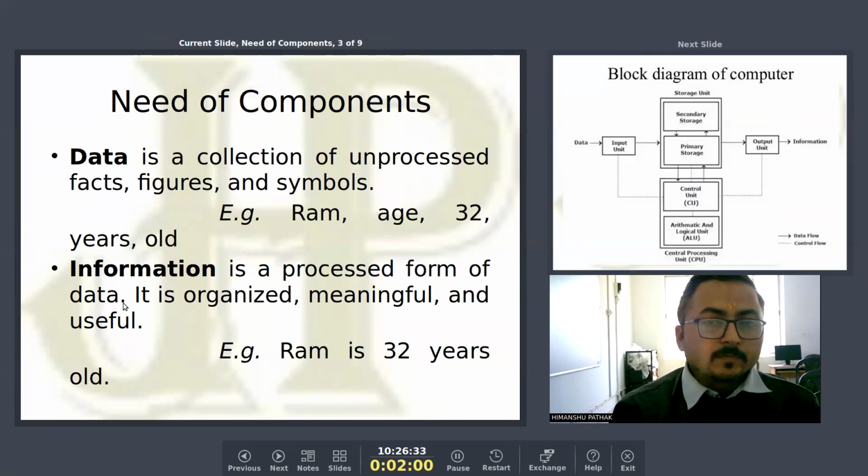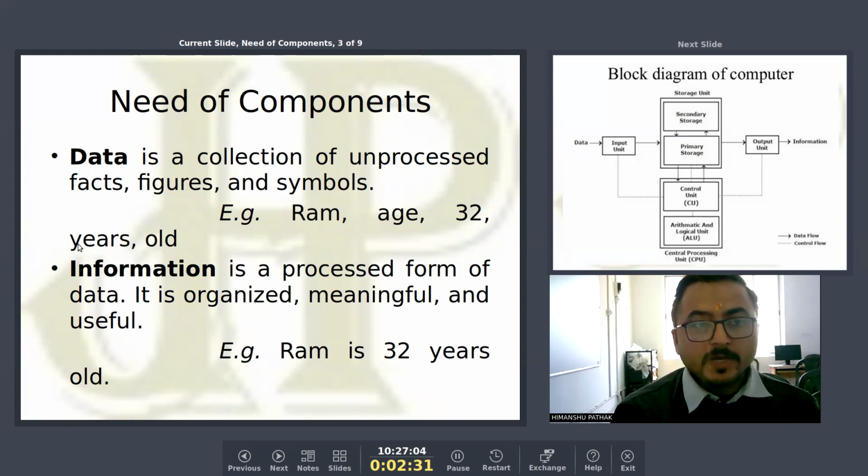So why do we need computer? Whatever work we want, we have to supply the data, and based on that data, the computer processes our data and gives some information. So our computer lies between data and information.